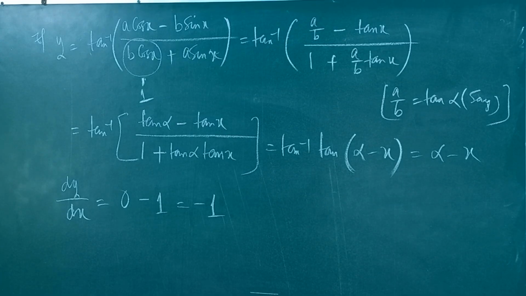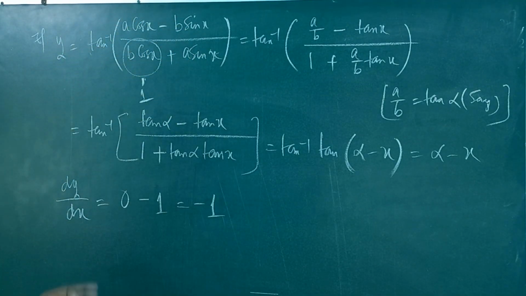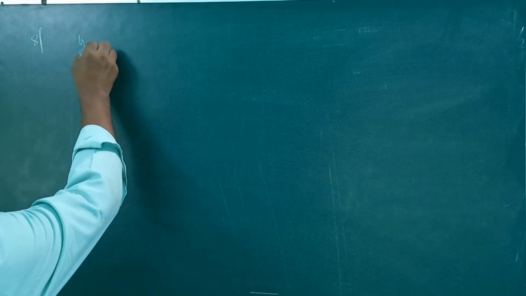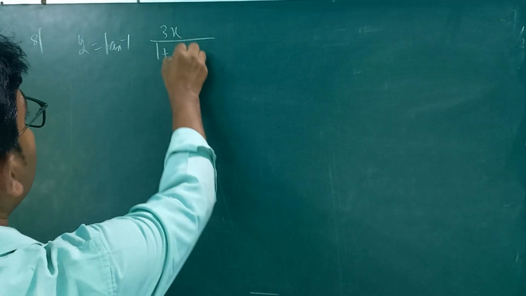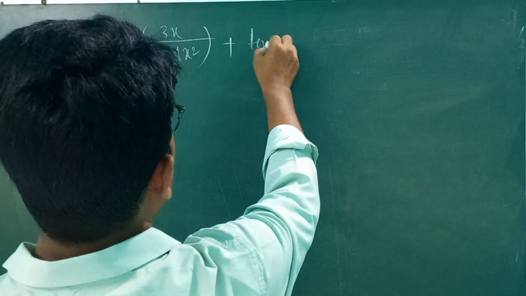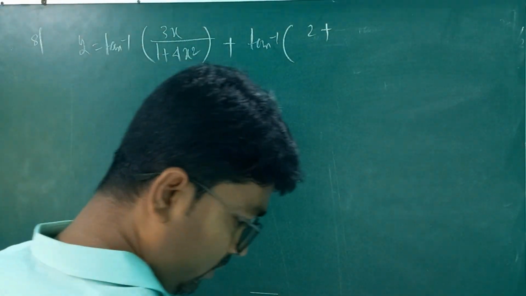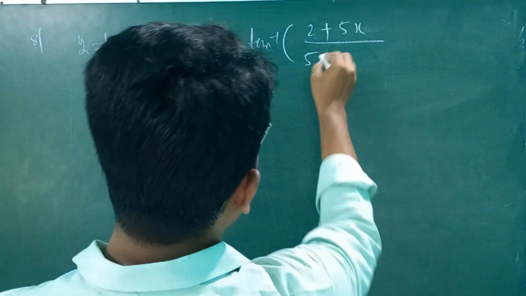So in this way your derivative will be very simple if you convert the function in a very simple structure. y equal to tan inverse of 3x by (1 plus 4x square) plus tan inverse of (2 plus 5x) by (5 minus 2x).